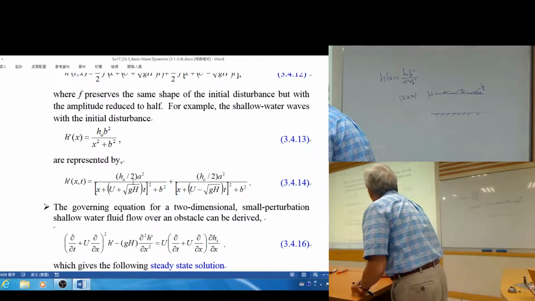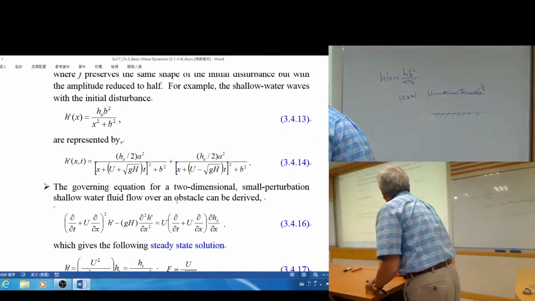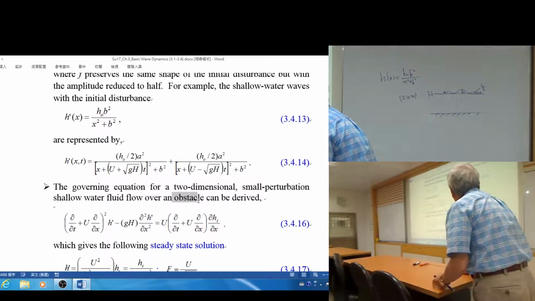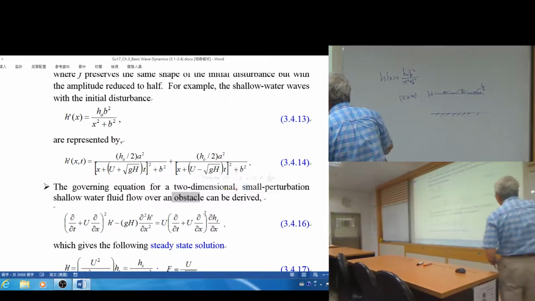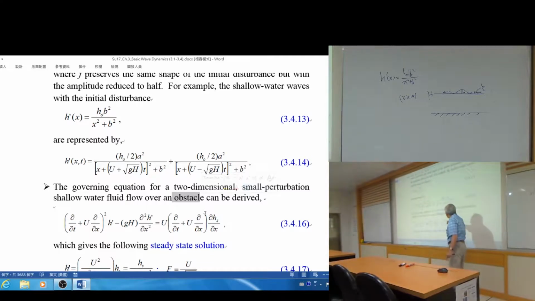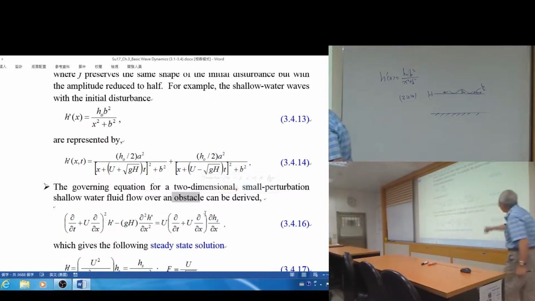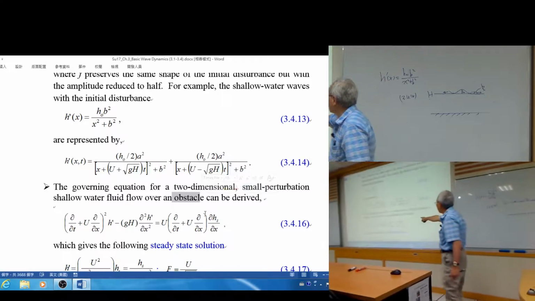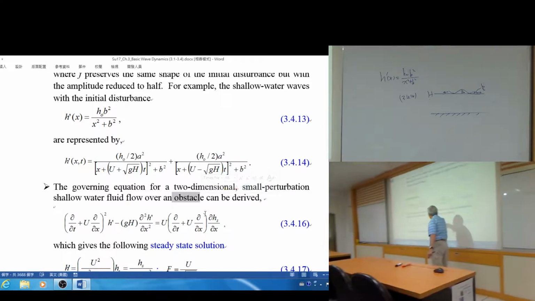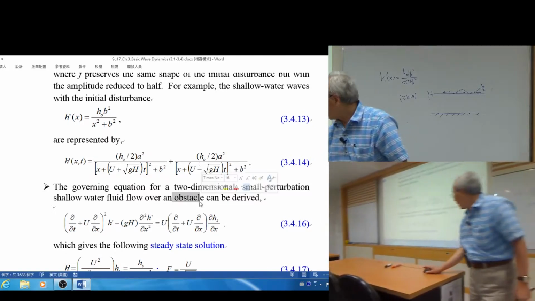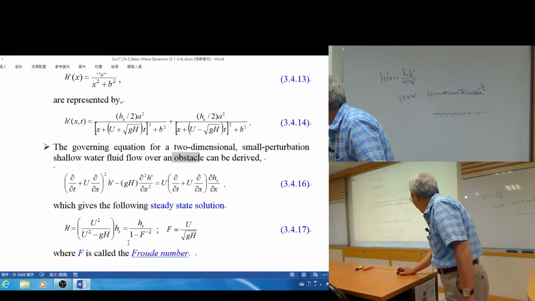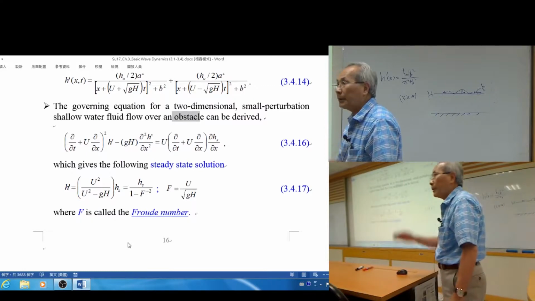So right now, let's look at the case where we have an obstacle. At the bottom we have h sub s, so we are going to have an additional term here. Next, we are going to make one more assumption: we assume it's a steady state.